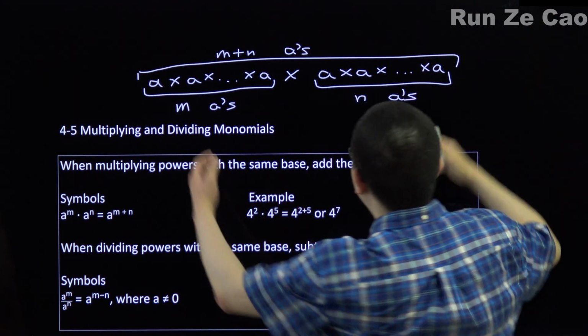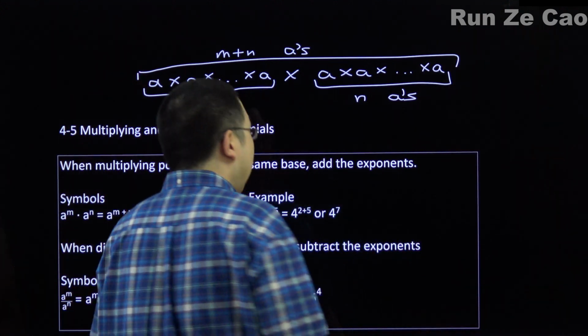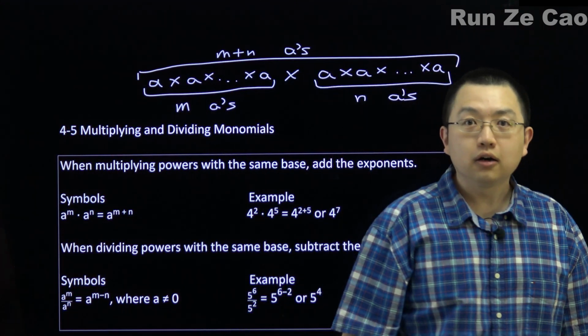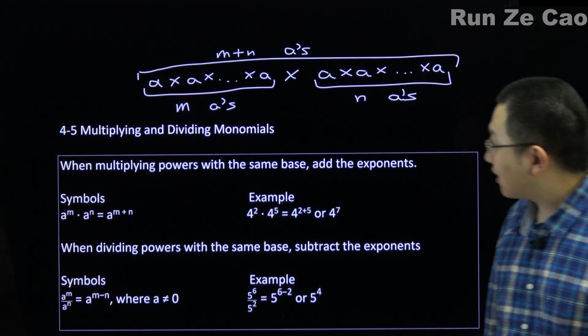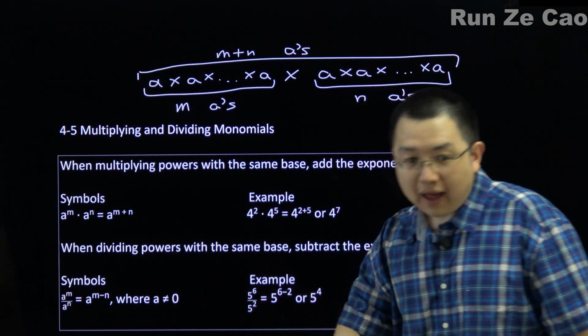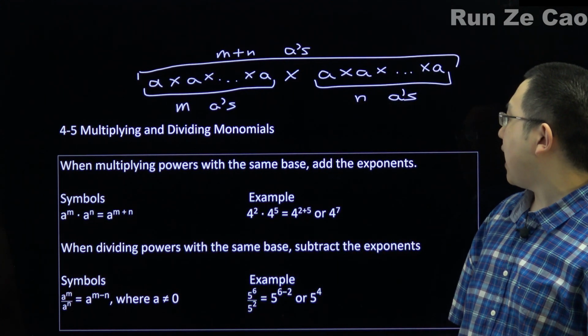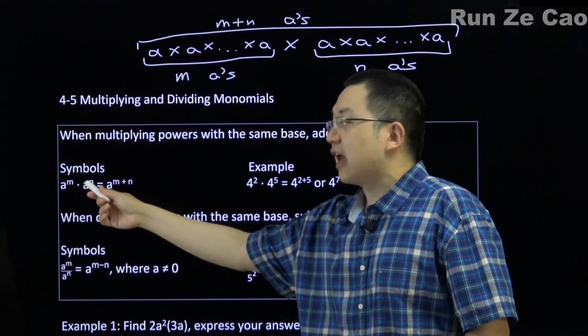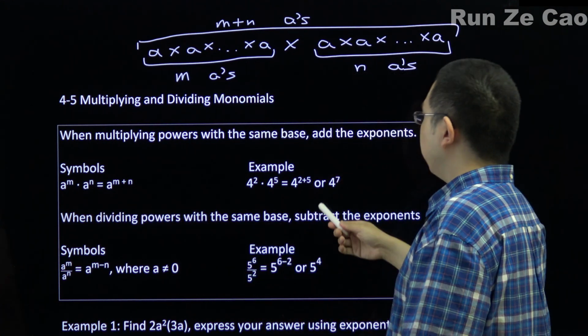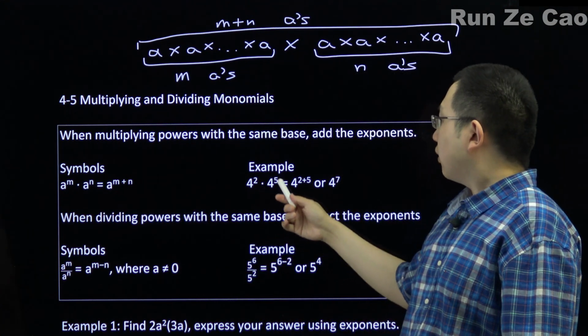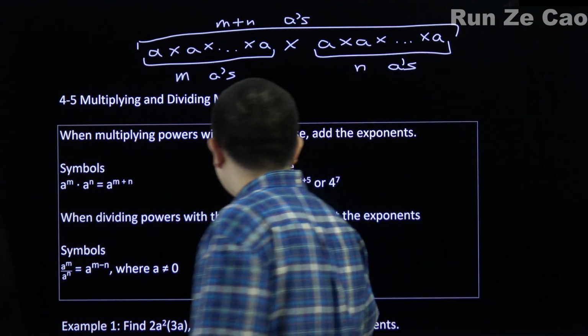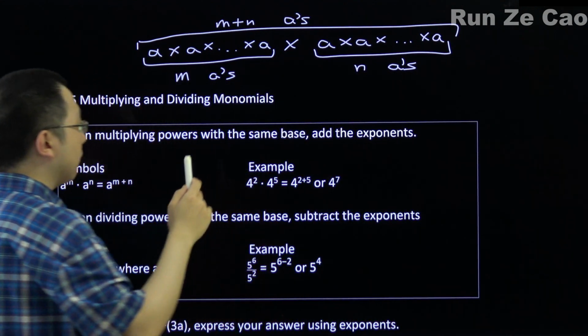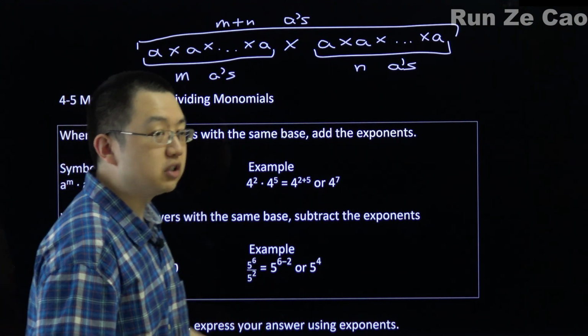You get a total of m plus n a's multiplied together. That's why when you multiply powers that have the same base, the exponents get added together. For example, 4 squared times 4 to the 5th is equal to 4 to the power of 2 plus 5, which is 7.